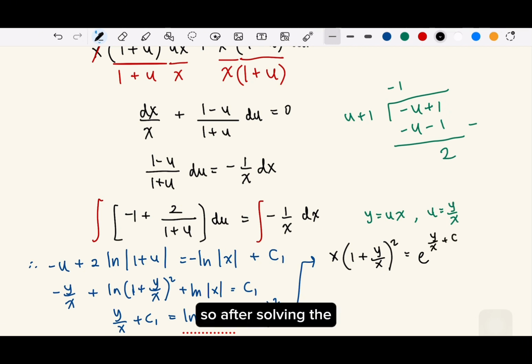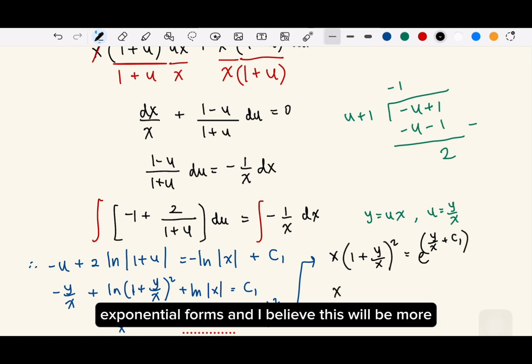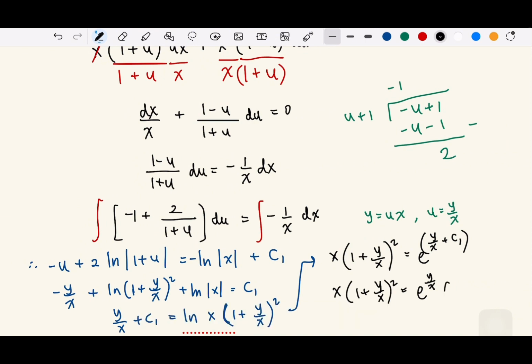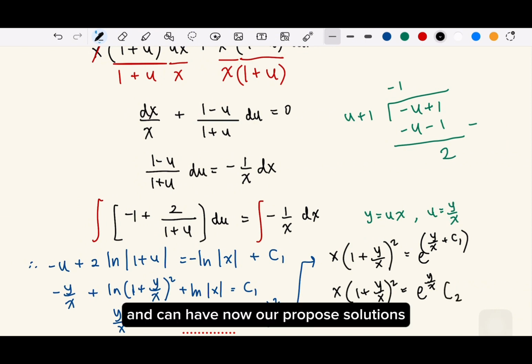So after solving the logarithmic parts, we can make it into exponential forms, and I believe this will be clearer after we get the exponential forms, and we can have now our proposed solutions.